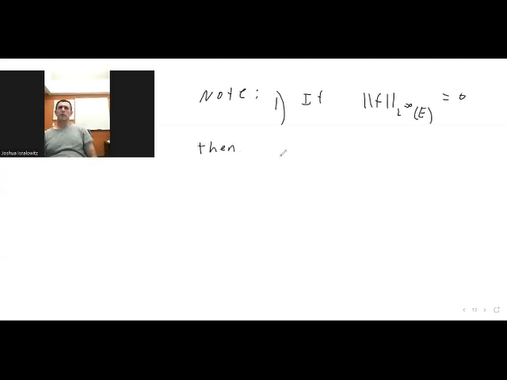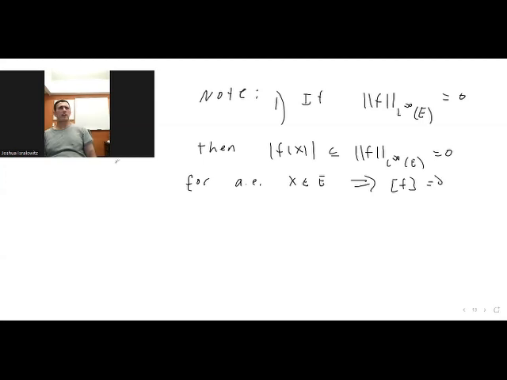So it just proved that, well, this is essential upper bound, for almost every x in E. So that implies we have the 0 class. Again, technically, I'm really looking at classes here. So yeah, I want to prove that this is a norm. This is a norm on L infinity. So this is true.